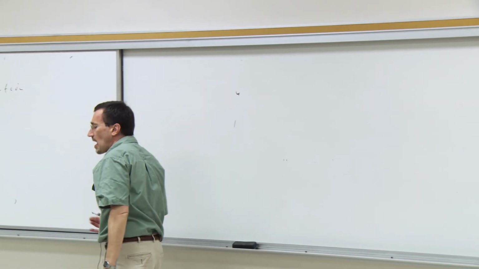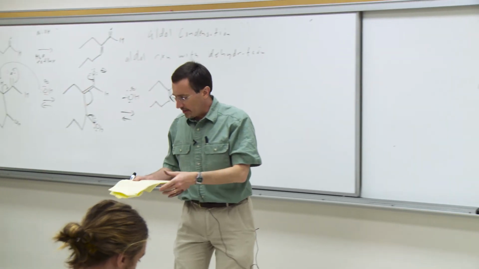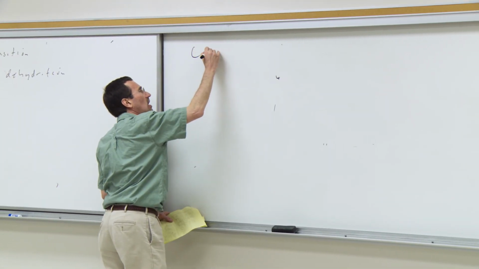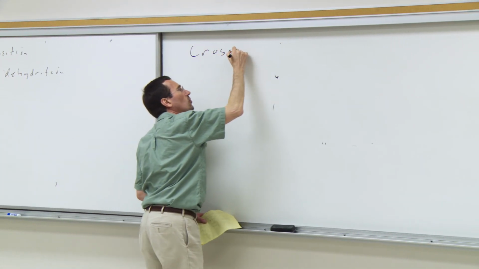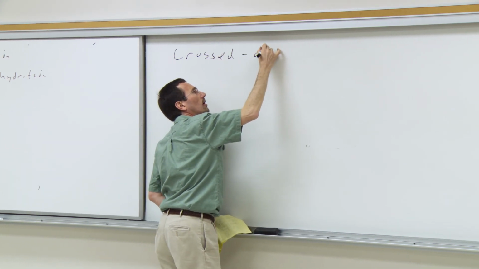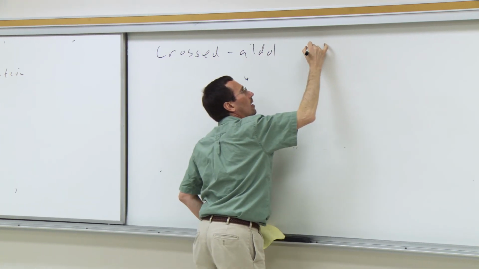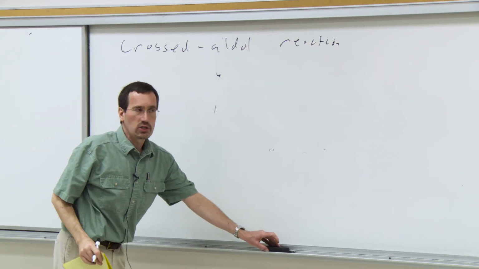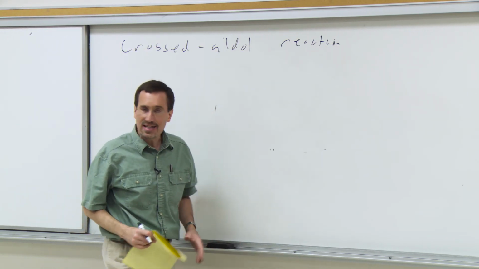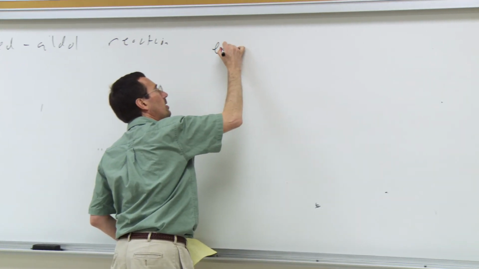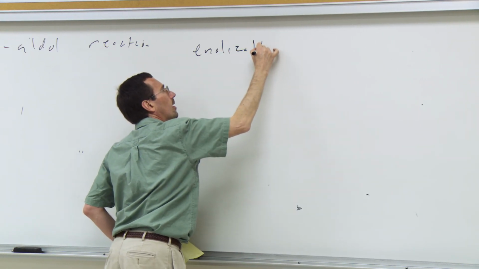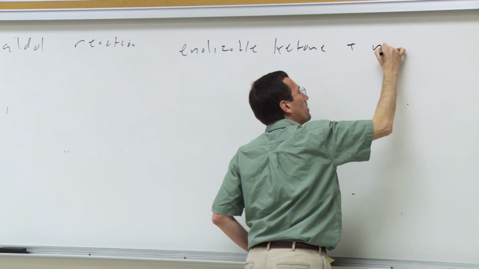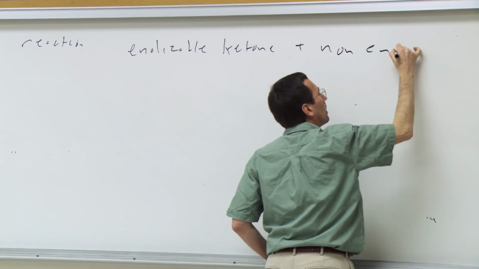And the last thing I want to do in talking about the aldol reaction is simply to remind us of what's sometimes called the crossed aldol. The crossed aldol reaction is typically of an enolizable ketone with a non-enolizable aldehyde.